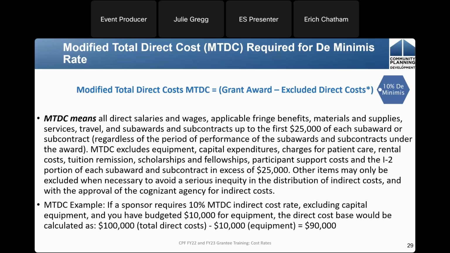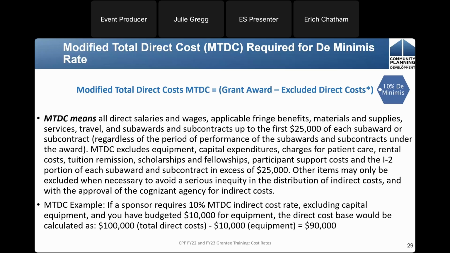But what the modified total direct cost excludes, here in the middle of the paragraph, I want to call your attention to. Number one is equipment and capital expenditures. Those are two items that are going to be particularly relevant for our CPF grantees, as well as charges for patient care, rental costs, tuition remission, scholarships, fellowships, and participant support costs, and the portion of each subaward and subcontract in excess of $25,000.